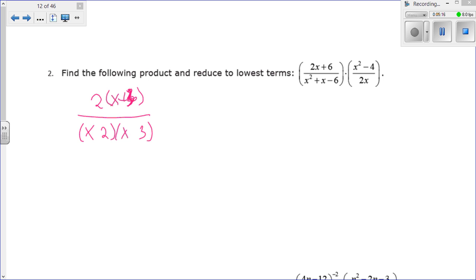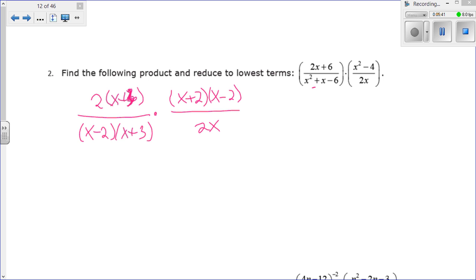I don't remember if I said x plus 3 or x plus 6. I took out the 2, so that should be x plus 3. My larger number takes the sign in the middle because it's subtraction, so it's plus 3 minus 2. And then times, my numerator is a difference of two perfect squares, so it's x plus 2, x minus 2, all over 2x.